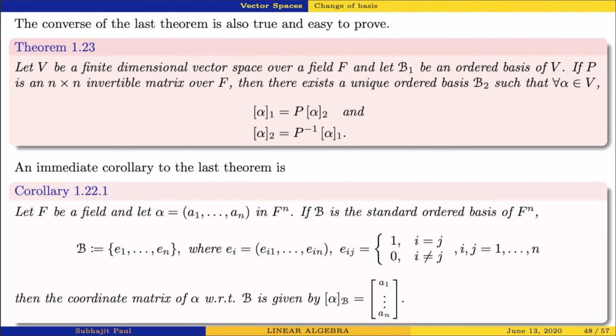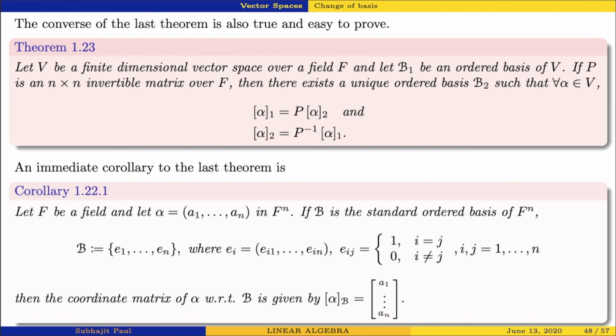If B is the standard ordered basis of F^n, that is B equals e1, e2 up to en, where e_i is a point in F^n, so e_i has components e_i1, e_i2 up to e_in, and the jth component of e_i is 1 if j is equal to i, otherwise 0. Okay, so Kronecker delta in this situation. So that is the standard ordered basis of F^n.